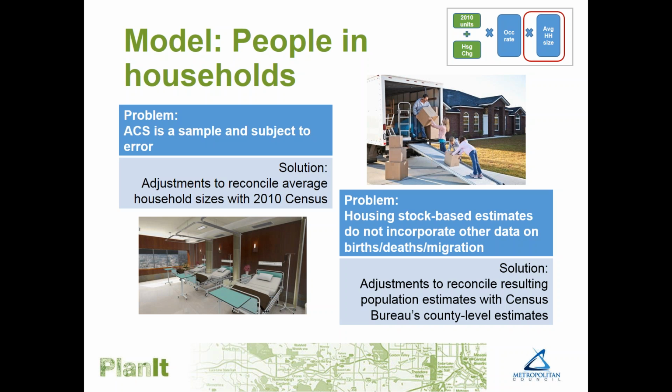So we also adjust our average household size estimates to reconcile them with the Census Bureau's annual county level estimates. And that way we still can retain that local detail based on housing stock, but we can also take advantage of the totals coming from that other tried and true estimation method. So again, we're still trying to take advantage of the geographic and housing type specificity of the ACS, but trying to reconcile them with other data sources.